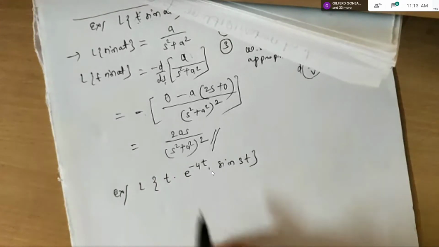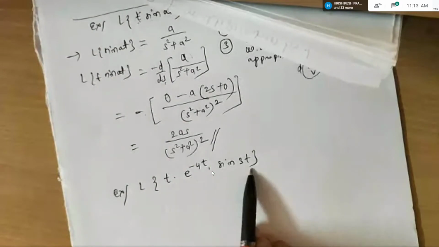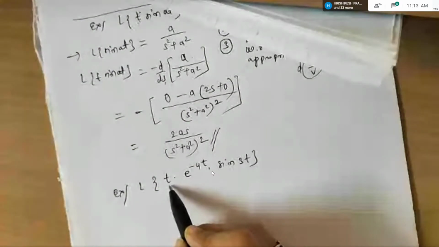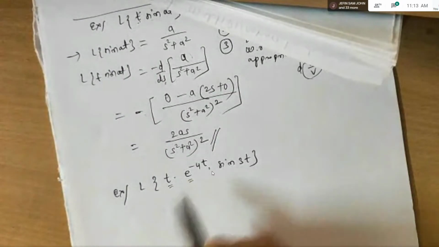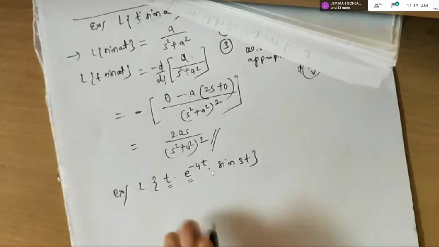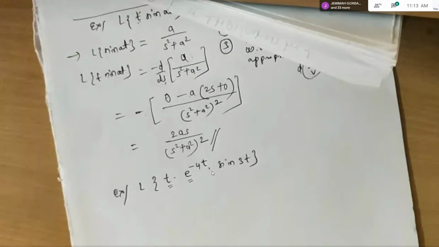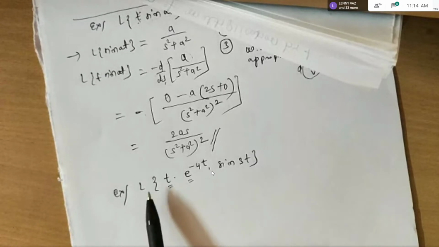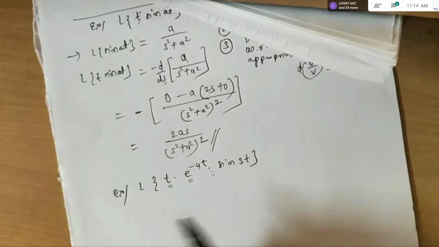So now observe this particular problem, students. You will observe that there is t also and there is a term in e also. So what to use, right? Let us go step by step. Whenever such a situation comes, first use the t into formula. So see what I'm writing here.